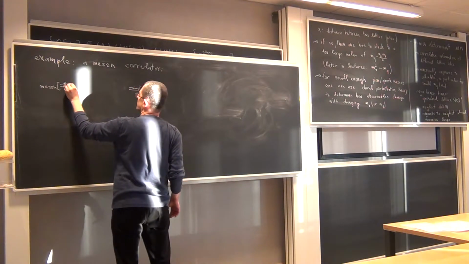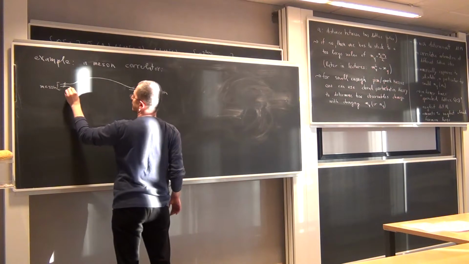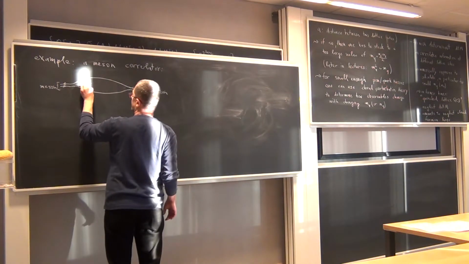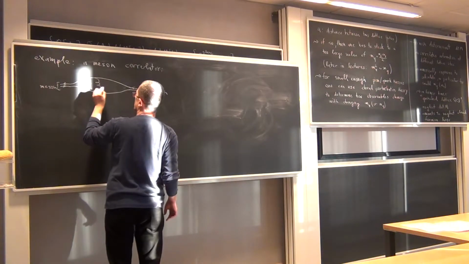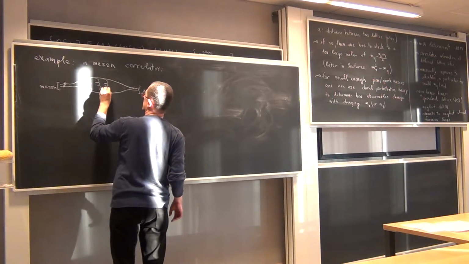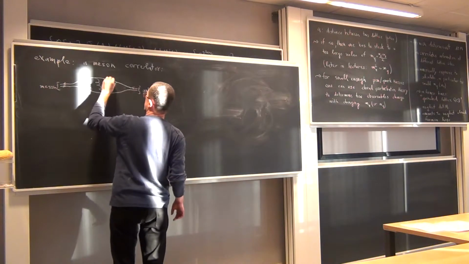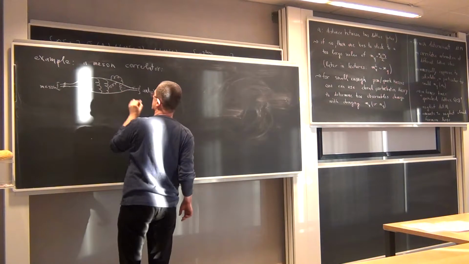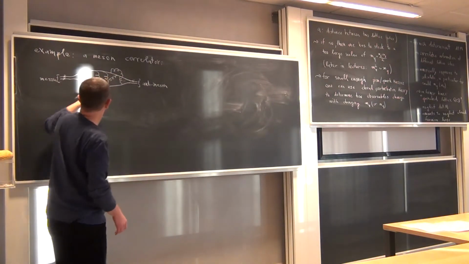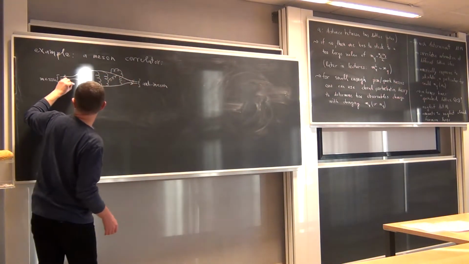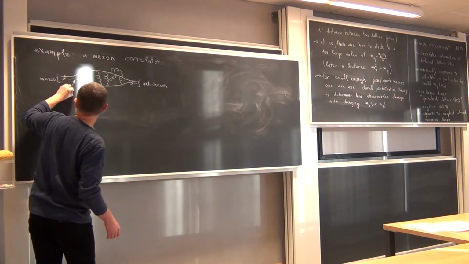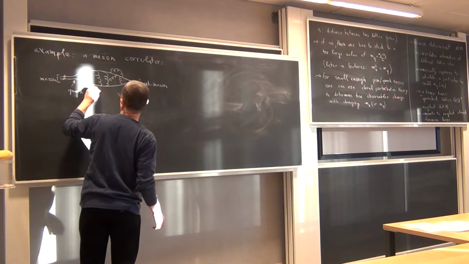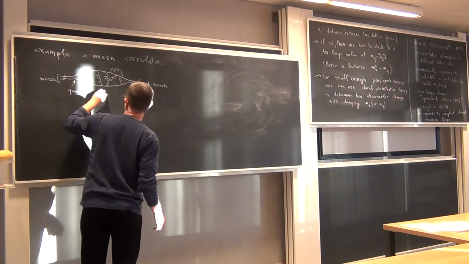And in principle what one can imagine here is that there are very, very many gluons exchanged. For example, like this. So these guys here are quark lines, and these guys here are gluons.